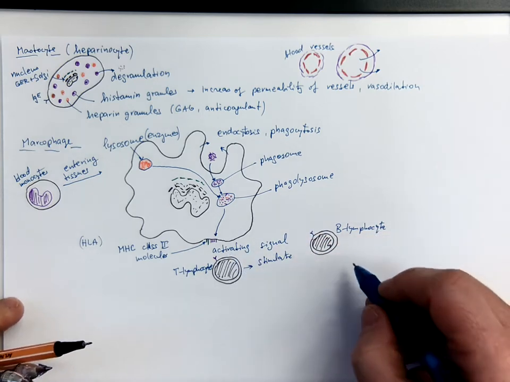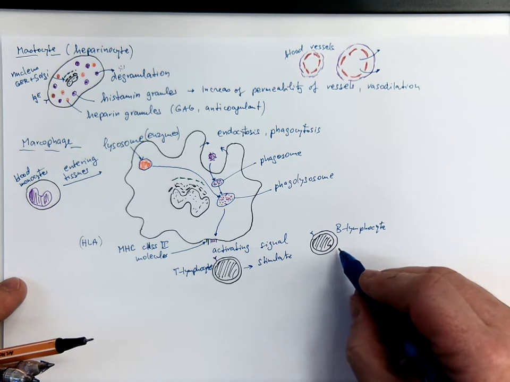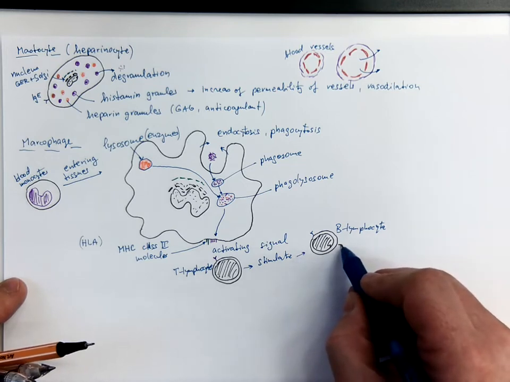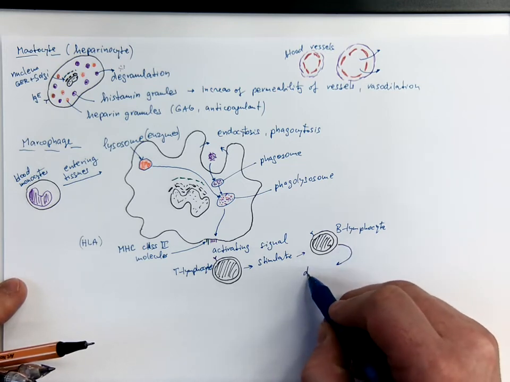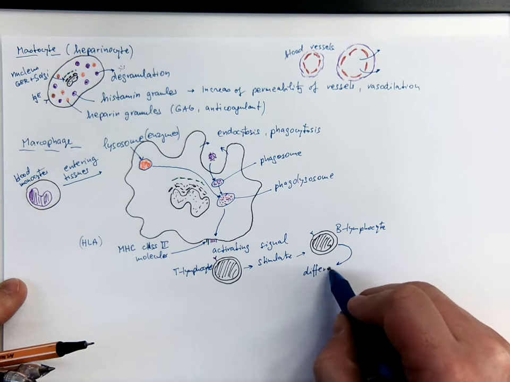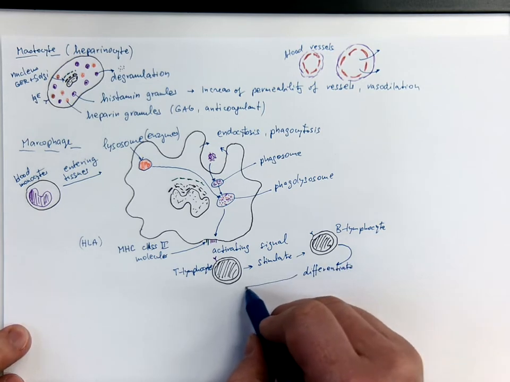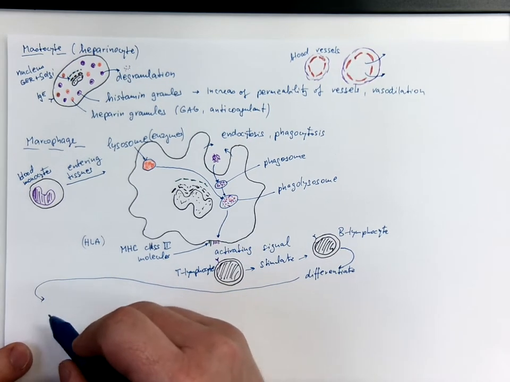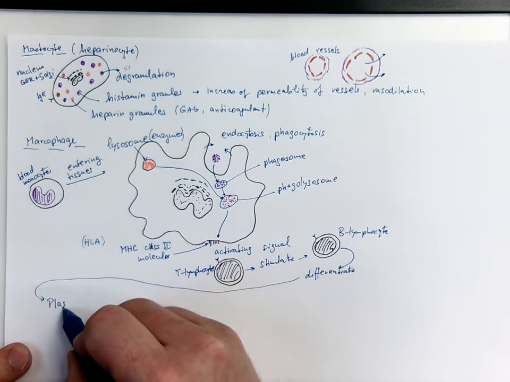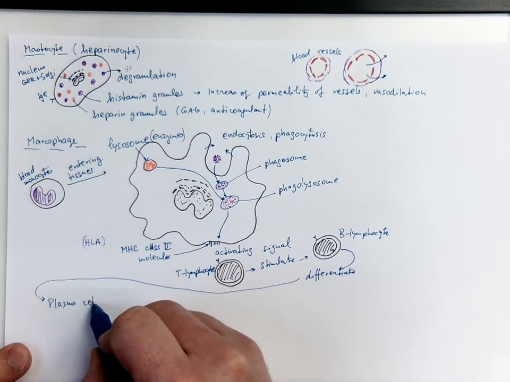And these activated B lymphocytes differentiate into other cells of connective tissue, namely the plasma cells.